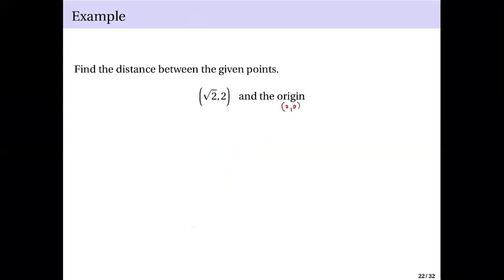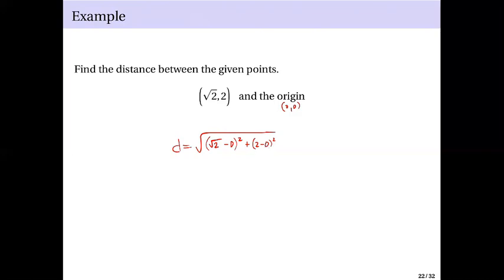So if you use the distance formula, this is just square root of, for emphasis, we write square root of 2 minus 0 squared plus 2 minus 0 squared. Again, for emphasis that you are getting the distance between this point and this point. That's why we put this minus 0 and minus 0 in here.